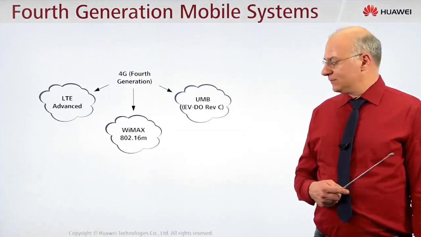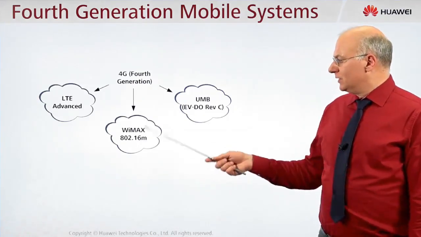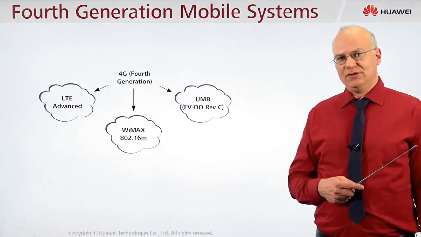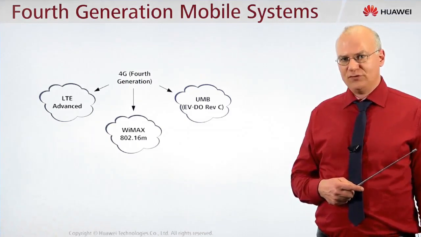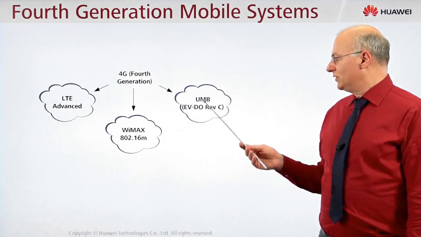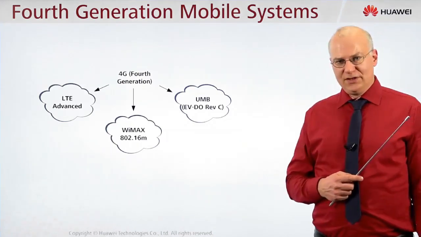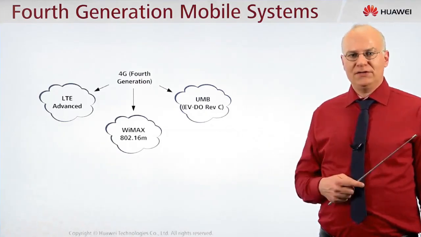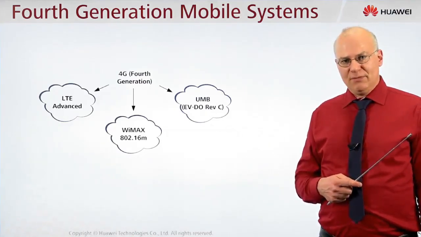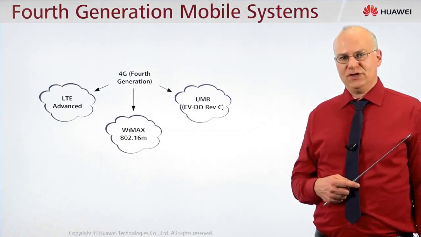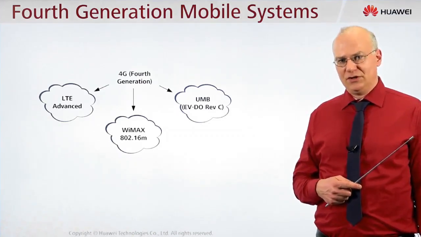Also, WiMAX is developed to fulfill the requirements of the fourth generation mobile system. And finally, we have also the UMB standard, which is a further development of CDMA 2000, which is a third generation mobile system used in America.